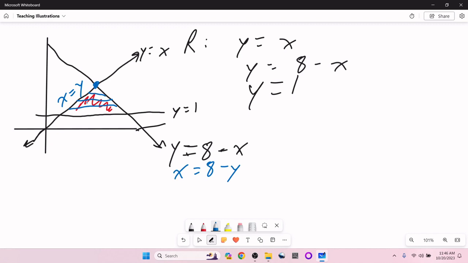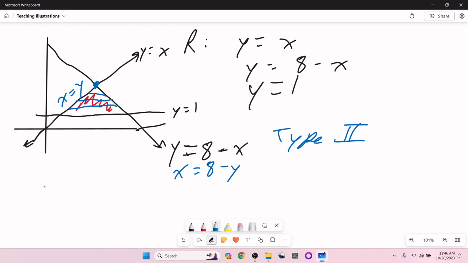And notice we had to solve these for x because we are getting rid of x first this time. Again, you could do vertical first, but you'd have to do two separate double integrals, so it's easier to do horizontal first. And that's what makes this a type 2 region. And I don't care if you know the names, but just understand that sometimes you want to do x first and sometimes you want to do y first.